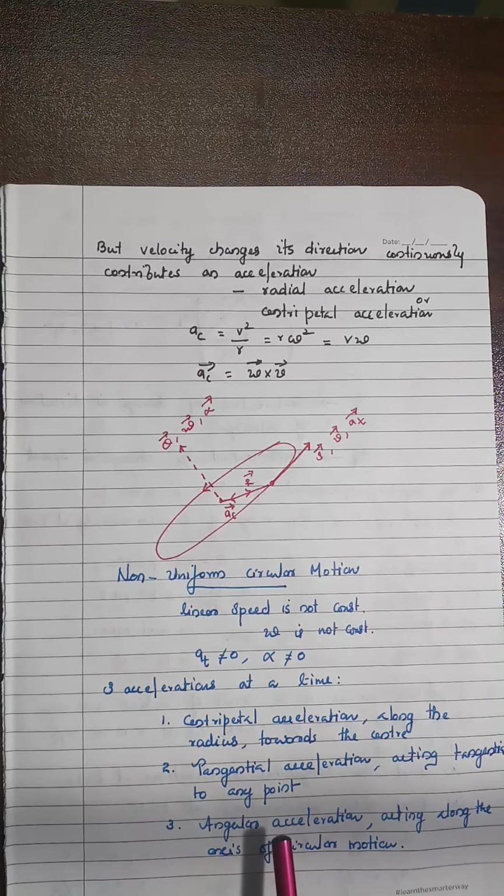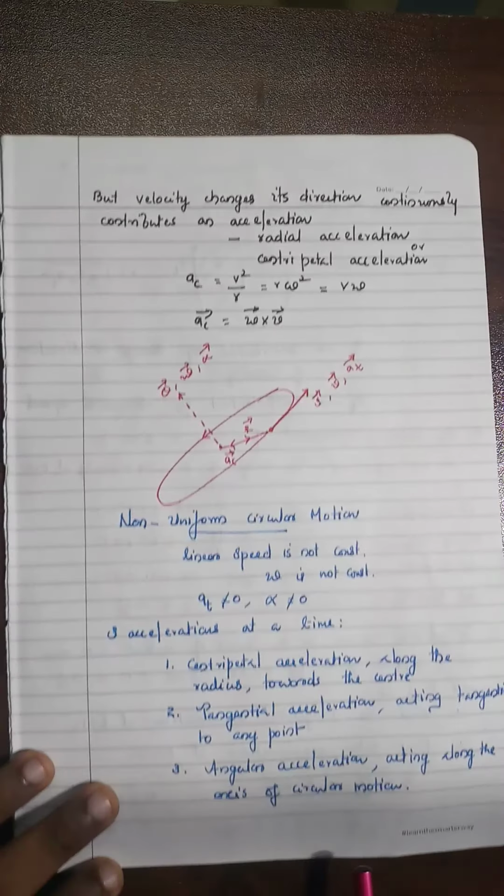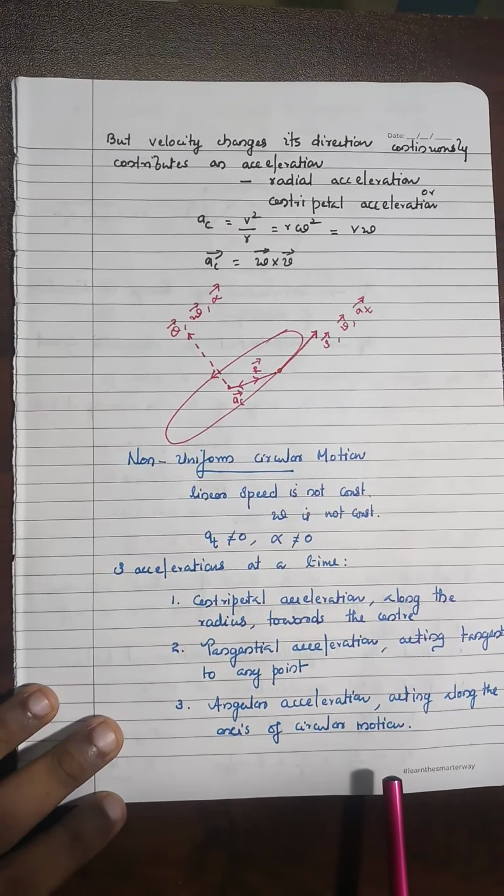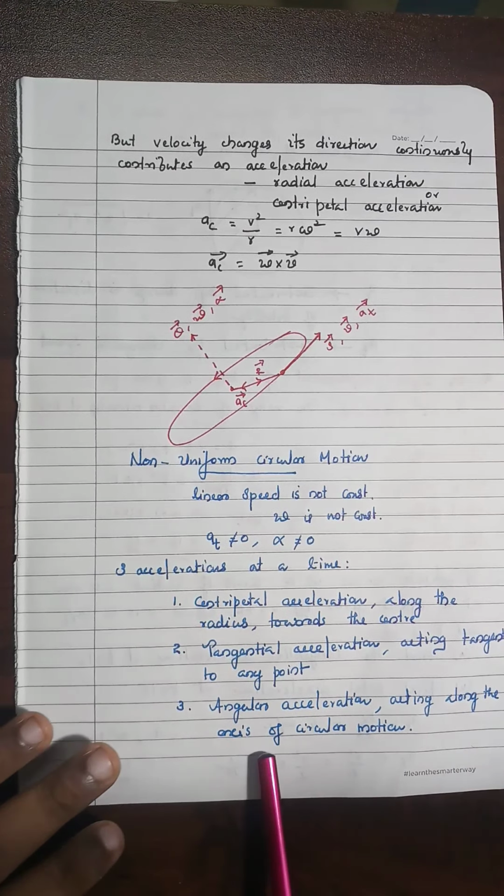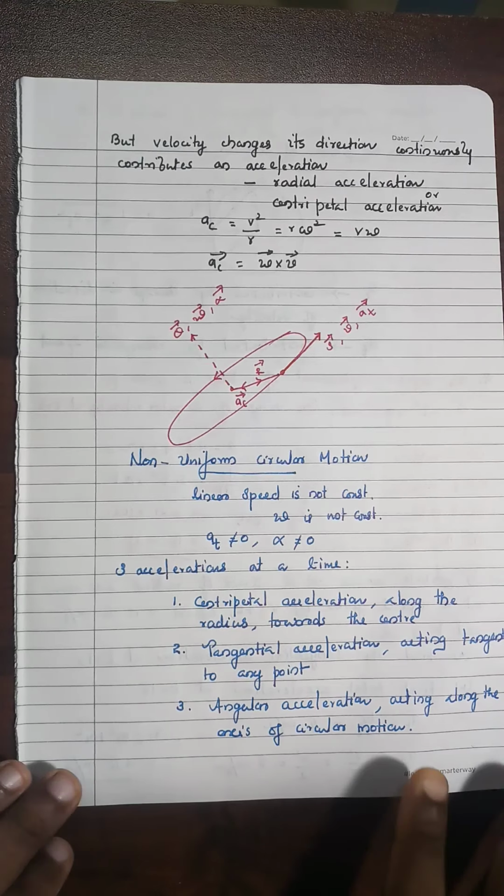The second one, the tangential acceleration. Keep in mind it is because of the change in speed and acts tangential to any point. And the third one is angular acceleration, acting along the axis of circular motion.